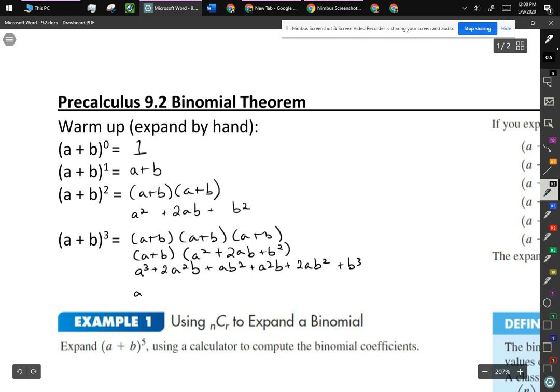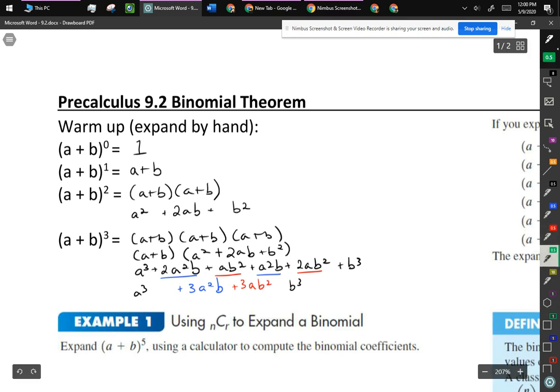A to the third and b to the third are unique terms, but we have some like terms in here, a squared b and a squared b, and we have three of those, so plus 3a squared b. And then we also have ab squared, again we have three of those, so 3ab squared.